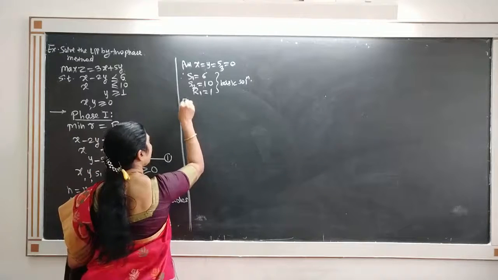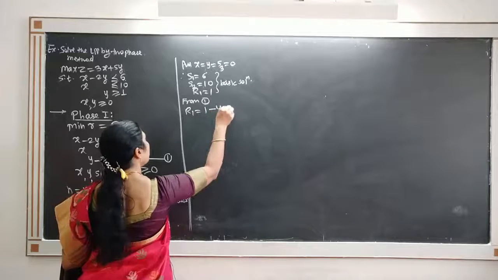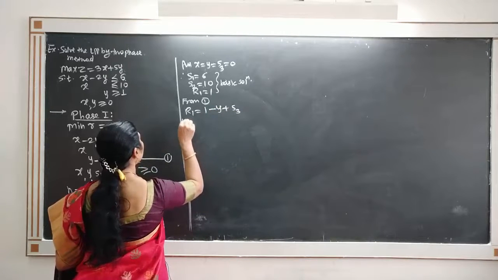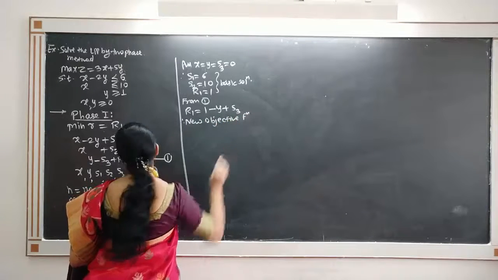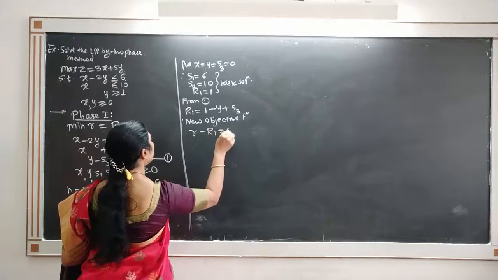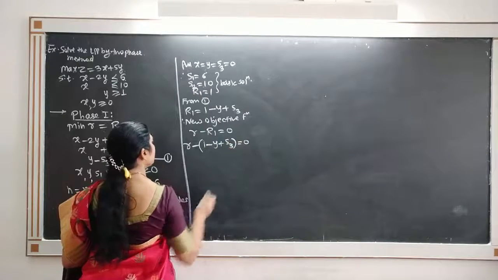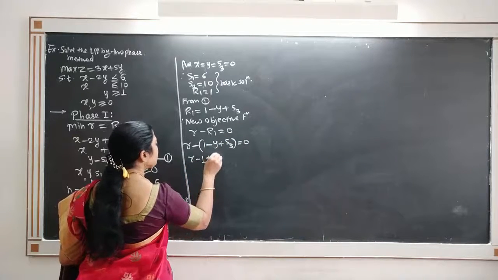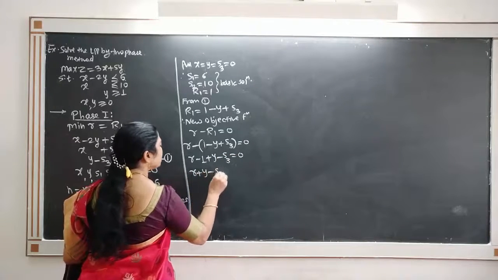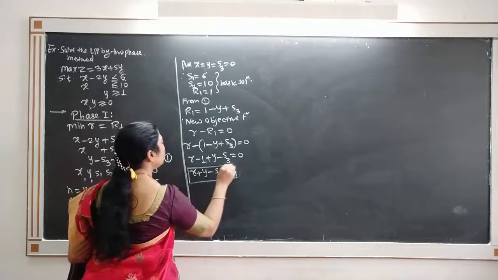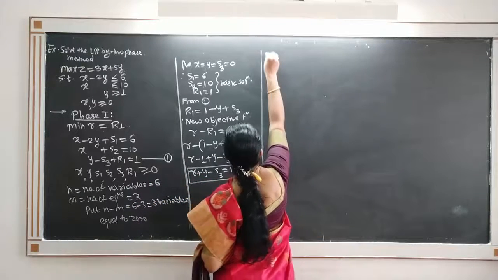So from equation 1, r1 is equal to 1 minus y plus s3 and therefore new objective function, that is new r row, becomes r minus r1 equal to 0, that is r minus 1 plus y minus s3 equal to 0, or r plus y minus s3 is equal to 1. So this is new objective function. Once we get new objective function, we will consider the simplex table.